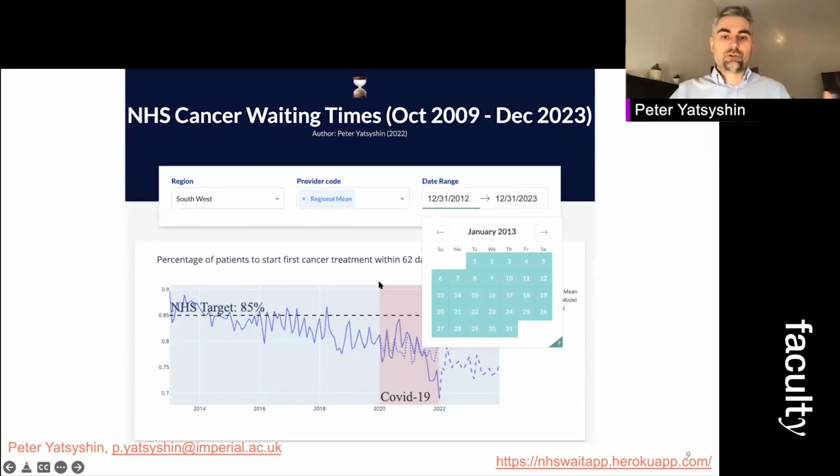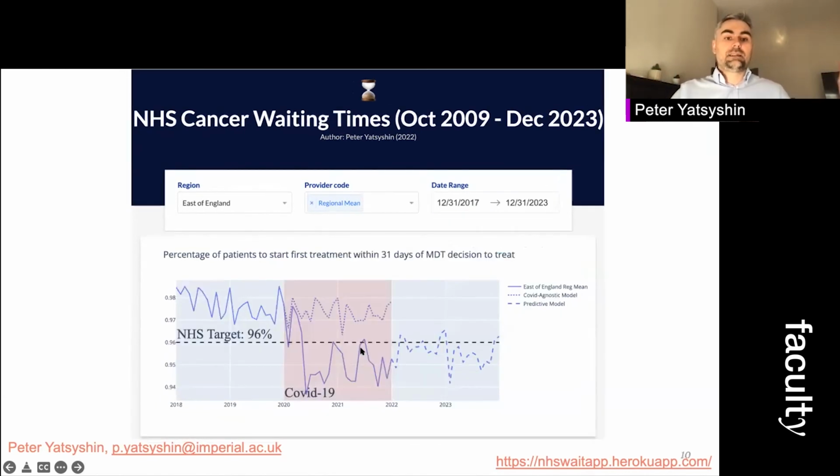Now, of course, one can play around with it, move around in time, and always notice the COVID effects. Here we see that the Southwest, for example, as a region, on average, has not been that affected by COVID with respect to patient waiting times. But the East of England has been quite affected. This is what it would have been. The efficiency would be quite a bit higher had there been no COVID.